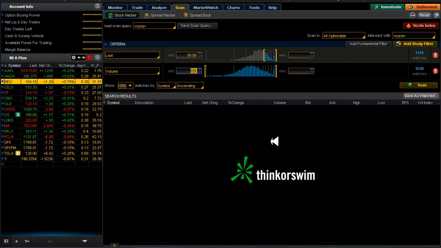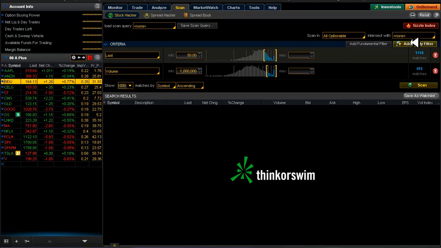And I want it to be over 1 million shares. Press the tab key. Now it tells me we're down to 415 out of all the optionable that have a volume of over 1 million shares.